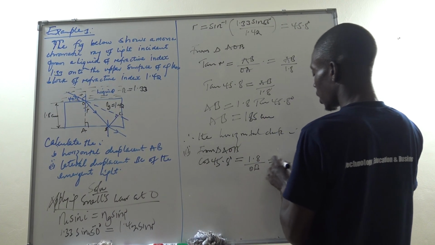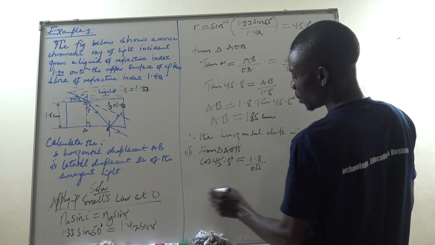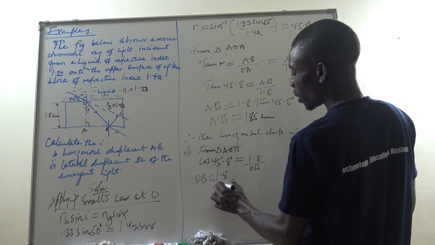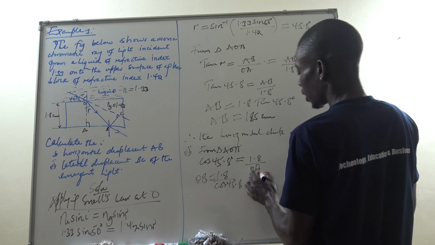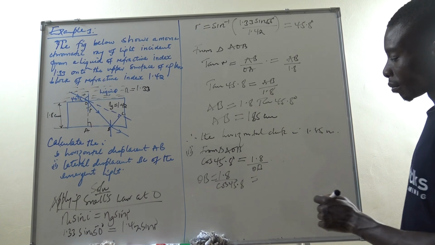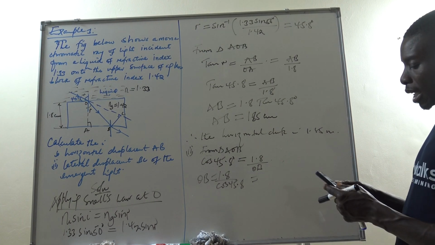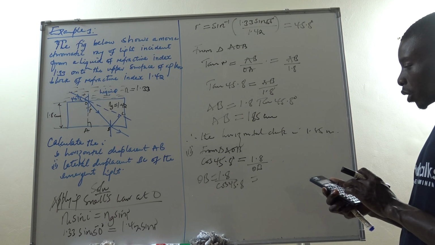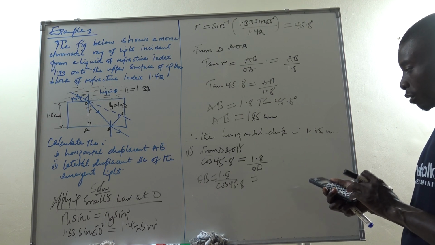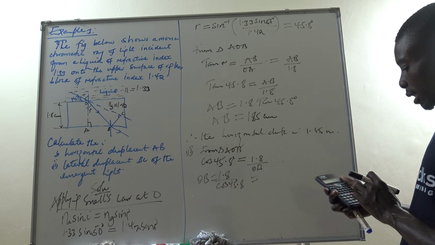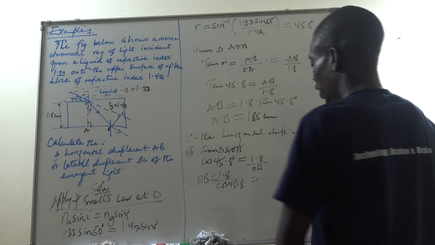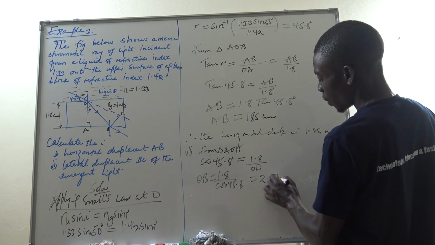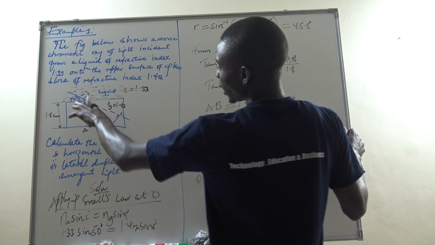So that implies OB is equal to 1.8 divided by cos of 45.8. And which value are we getting? 1.8 divided by cos of 45.8. That is 2.58 centimeters. That is the distance here.